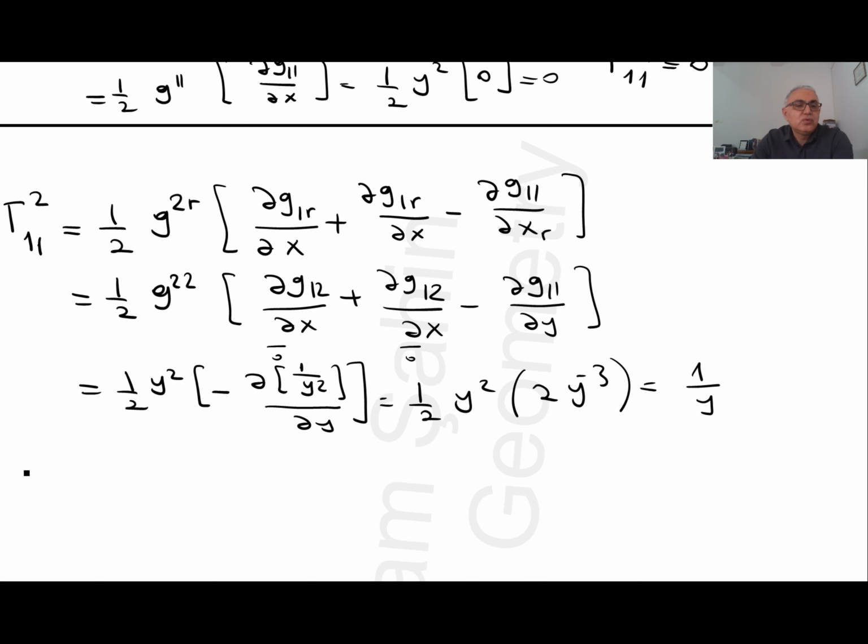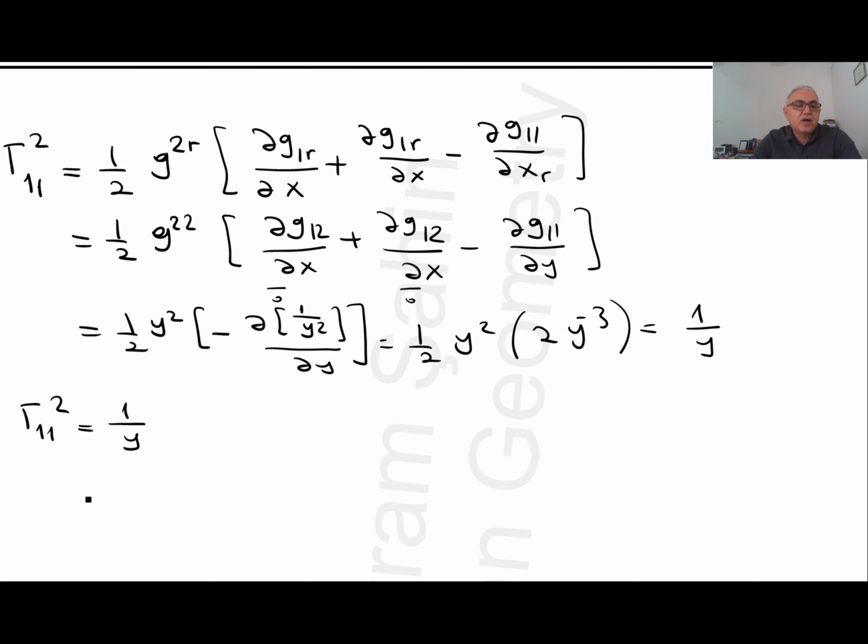So Γ^2_11 will be 1/y. Actually we have only these two items, the others are similar.